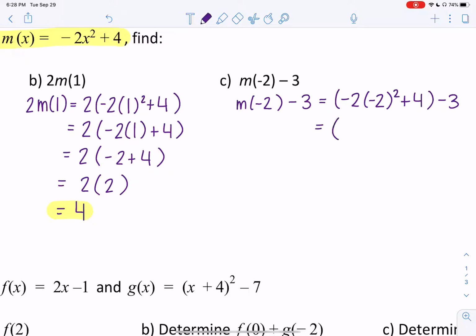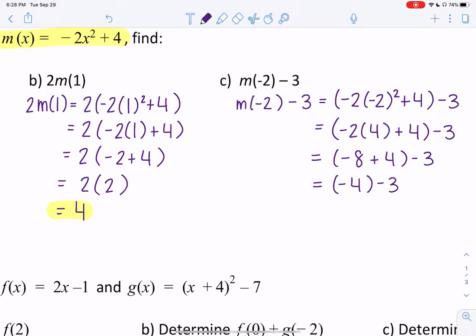So that will give us negative 2 times 4 plus 4 minus 3, negative 8 plus 4 minus 3. So negative 7 would be our final answer. But you can start to see how this is a little bit easier and more straightforward than writing it how we would have in grade 10.